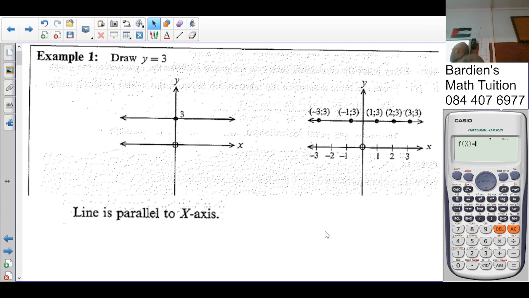This line here, this line drawn in here. This is your y-axis and this is your x-axis. So it's parallel to your x-axis. You add that there. The line is parallel to the x-axis. It's part of the note there.